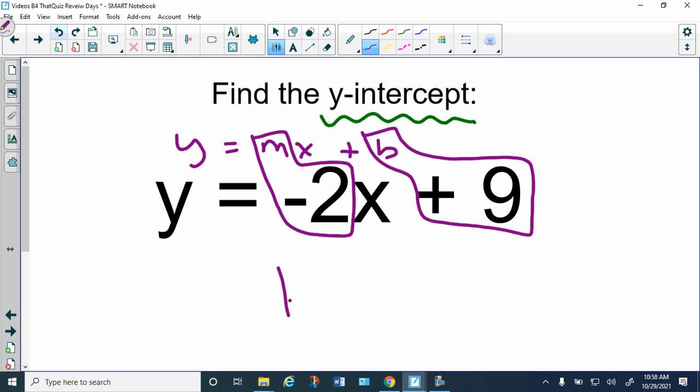And so we have our b, and our y-intercept is 9. I know it's weird. Why do they pick b to stand for the y-intercept? But we couldn't pick y because y is a permanent fixture here. It's always going to be y equals something when we're looking at functions. So maybe they picked b because b does have something that looks like the y-axis, maybe, right? I don't know. That's as good of an explanation as I have.